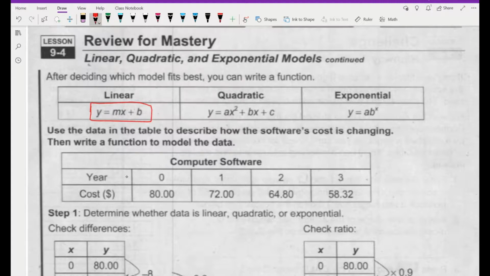The next is a quadratic model, which follows the form y equals ax squared plus bx plus c. And an exponential model follows the form y equals ab raised to the x. Often the a value has been 1, so we may have just seen something like y equals 2 to the x or y equals 3 to the x.